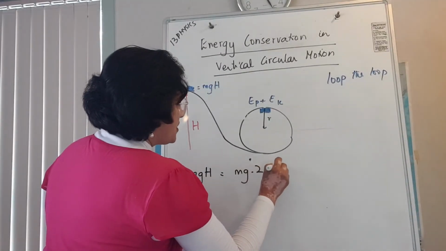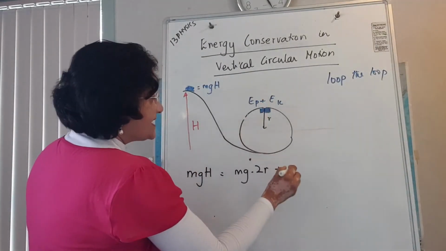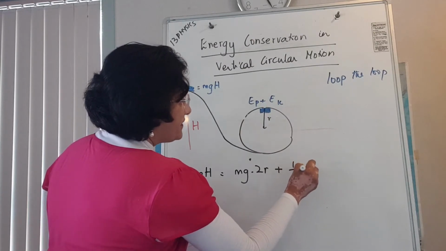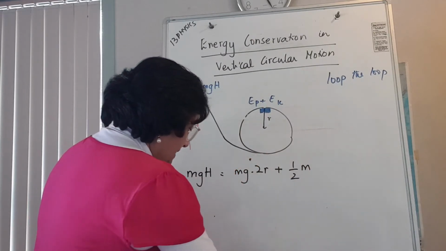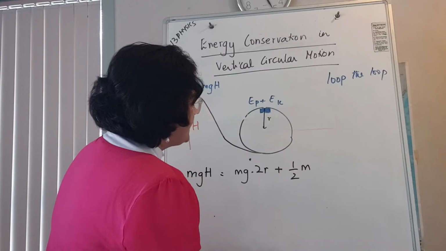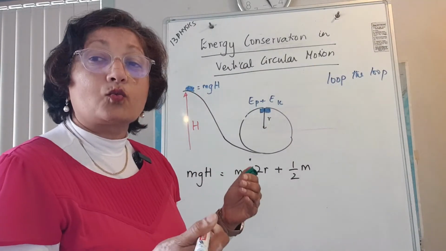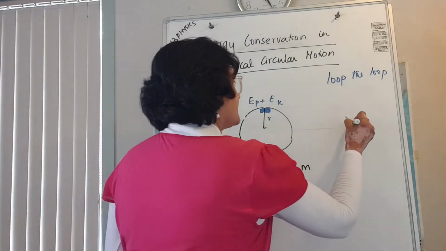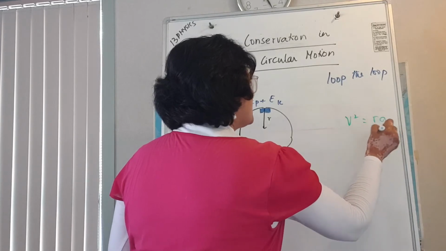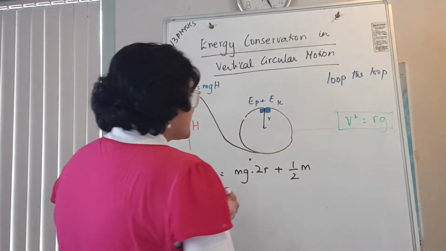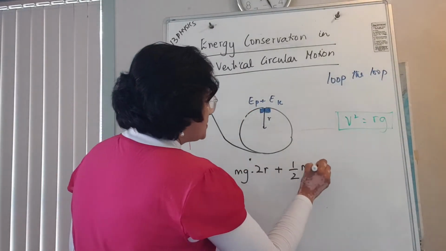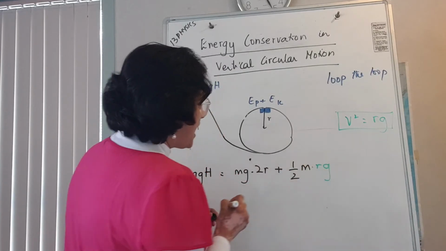So mg times 2r plus kinetic energy, which is given by half mv squared. Now we just learned that at minimum speed, when you feel weightless, v squared is equal to rg. So in place of v squared, I'm just going to put rg.